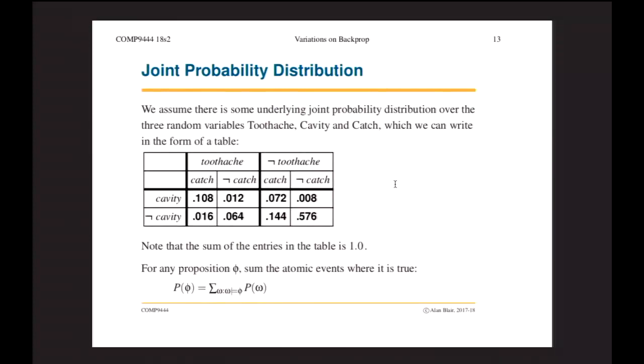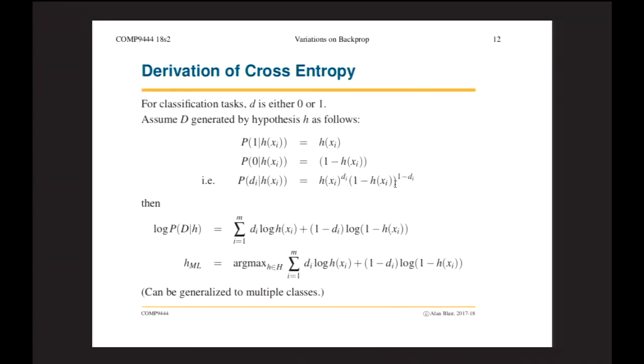Yes, you got a question? Was that similar to the cost function for logistic regression? It is related to this, yeah. Let me think about it. I think it's the same.